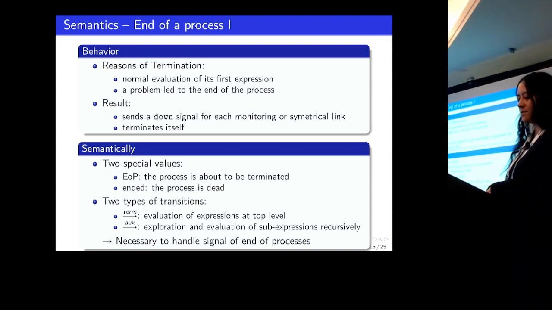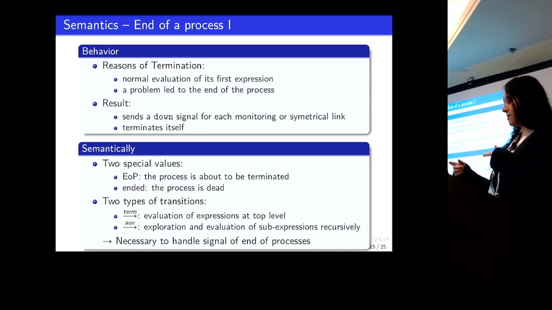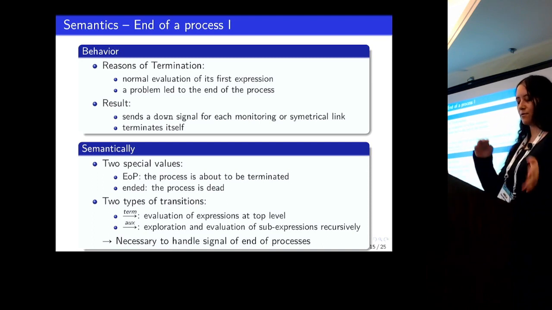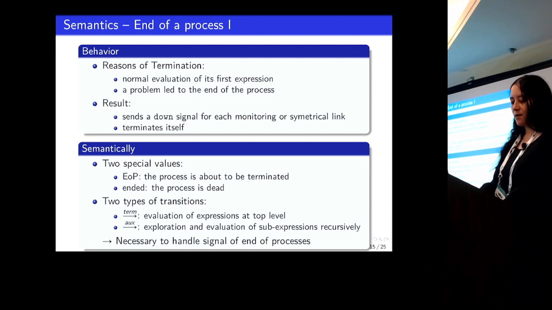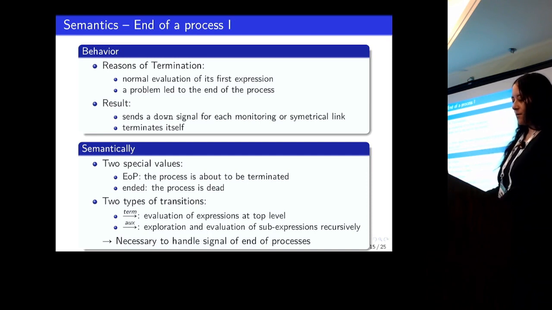Semantically, we implemented that with two special values. The first one is EOP, for end of process, which signals that the process is about to be terminated. It still has signals to send, but it's not done yet. And the special value ended, which says that the process is dead. Furthermore, to handle the signals from the end of processes, we need two types of transition.